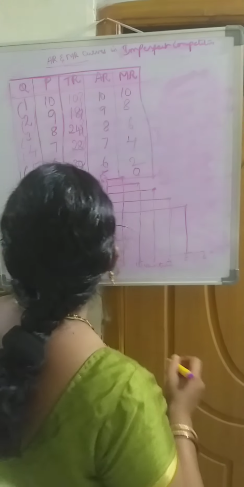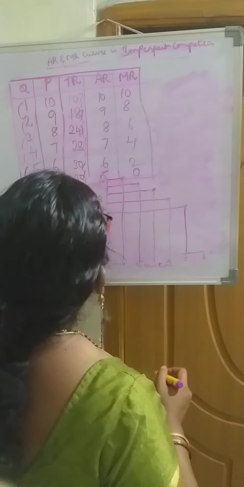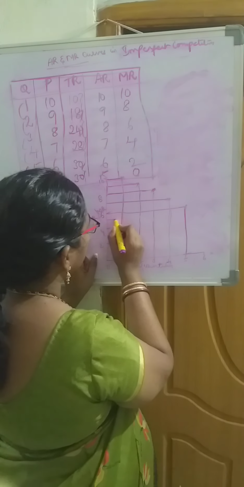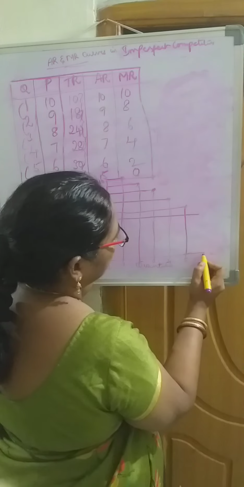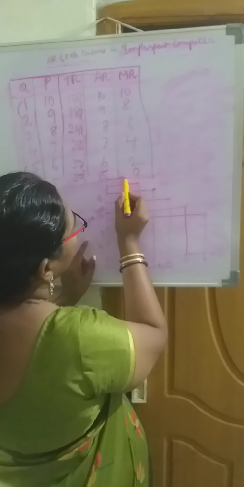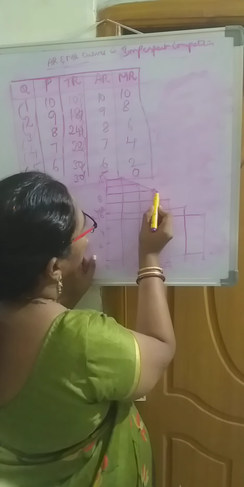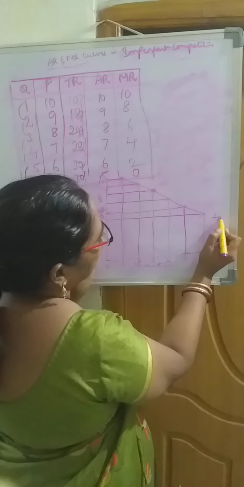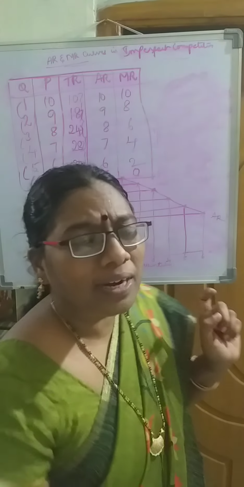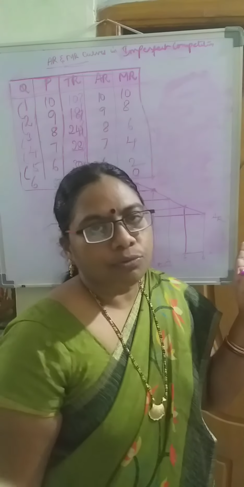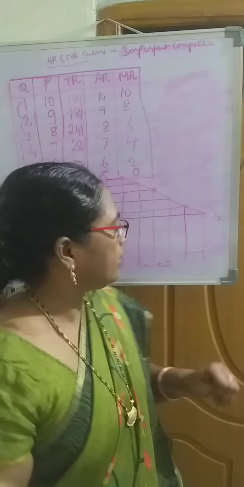For quantity 6, AR is 5, between 4 and 6. Now when we join these points, you get the average revenue curve, which is downward sloping from left to right.